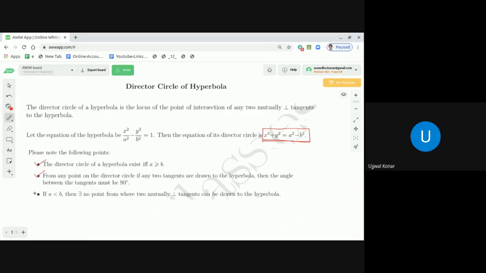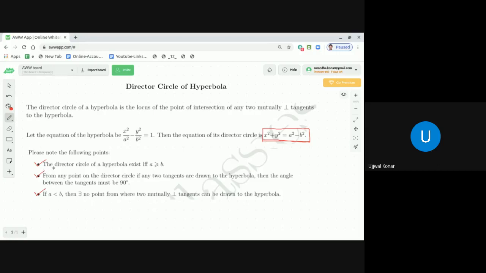The third point is that if a is less than b, then there exists no point from where two mutually perpendicular tangents can be drawn to the hyperbola. That comes from the first point, that the director circle exists if a is greater than or equal to b.